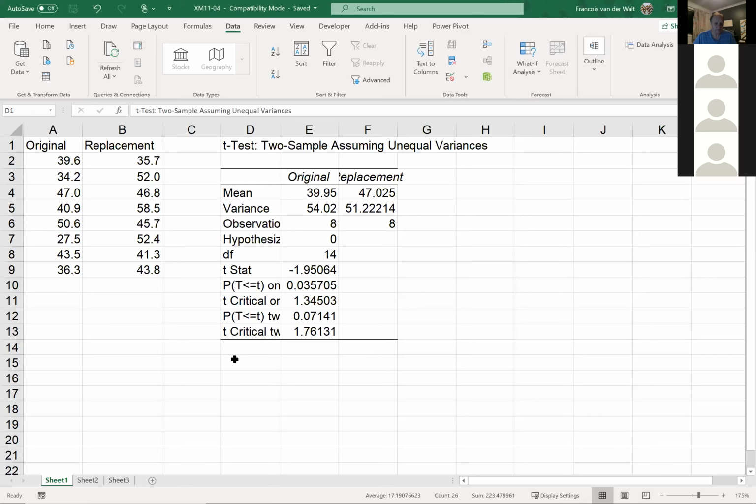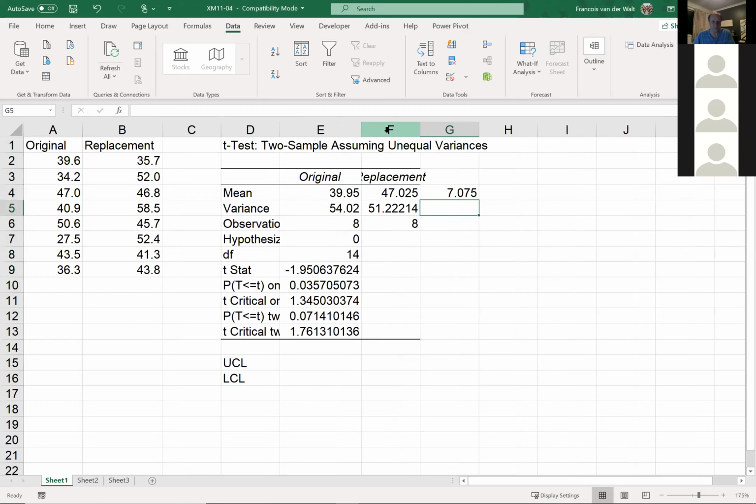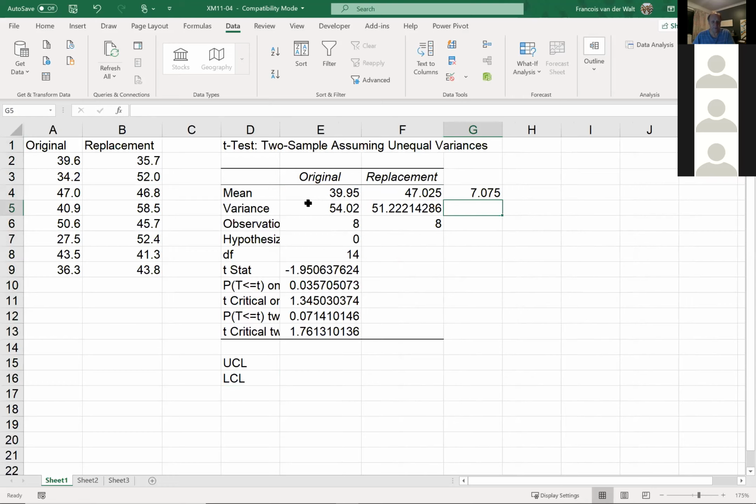So now I can do my upper control limit and my lower control limit. First of all, I calculate the mean difference. I always take the biggest one minus the smallest one, and then I know it's positive. In my interpretation, I now know that the replacement one seems higher than the original, and that's what I want to test.